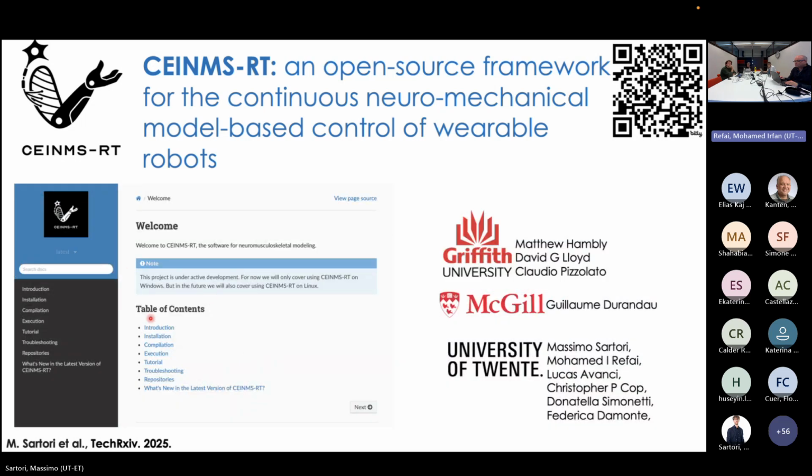We also have documentation that already provides information on how to install and how to compile the code, as well as some tutorials that guide you through the use of lower limb and upper limb models. And again, before I move forward, I'd like to stress that the real-time version, CEINMS-RT, has been pushed forward by a multi-center collaboration between University of Twente in the Netherlands, McGill University in Canada, and Griffith University in Australia.